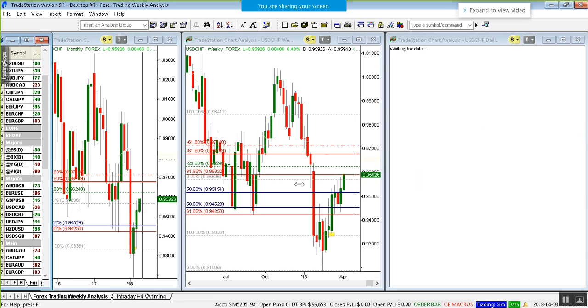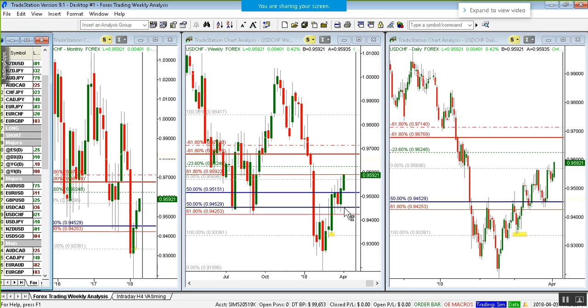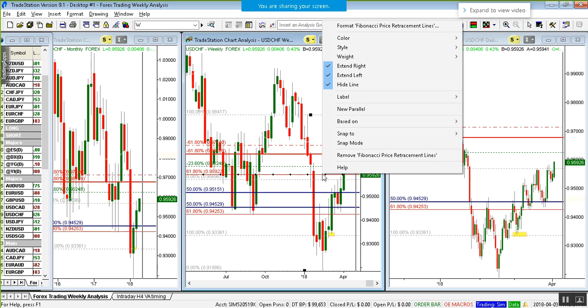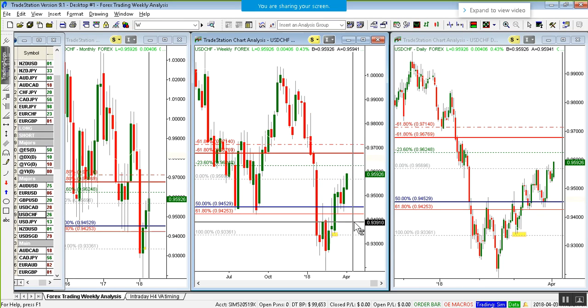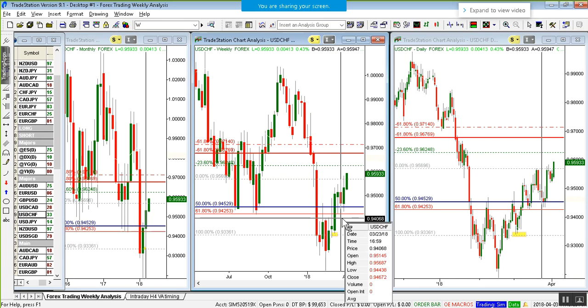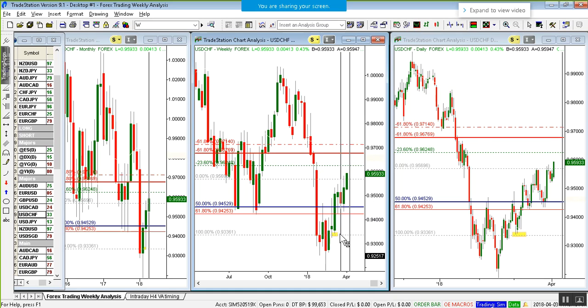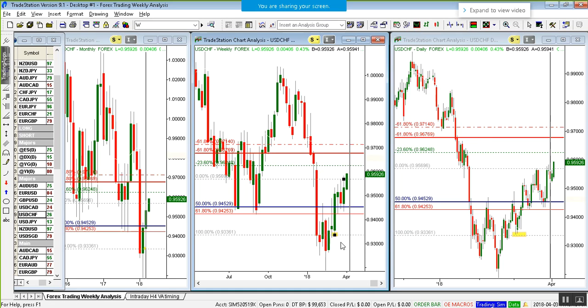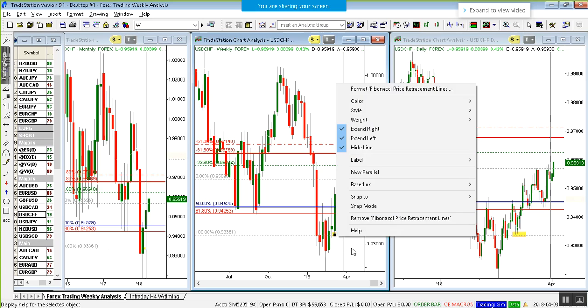Okay, US dollar Swiss franc, it continues to trade at the 50% that we saw trading last week. It was a very technical market, so no excuses not to trade this market here.